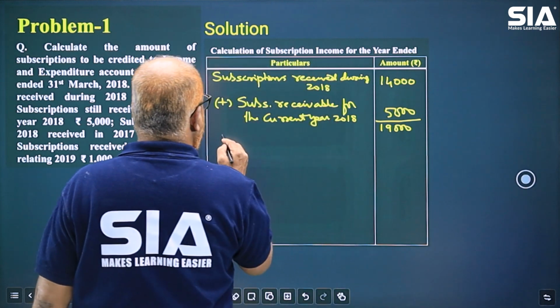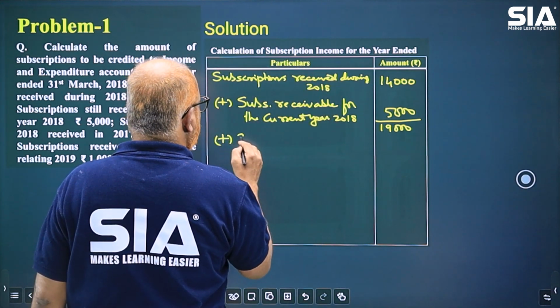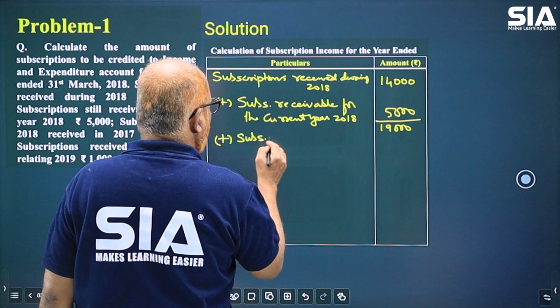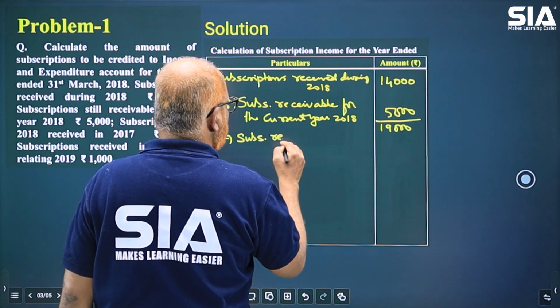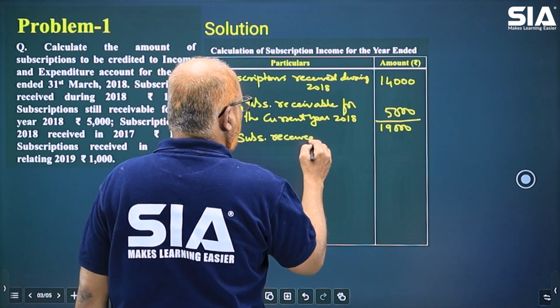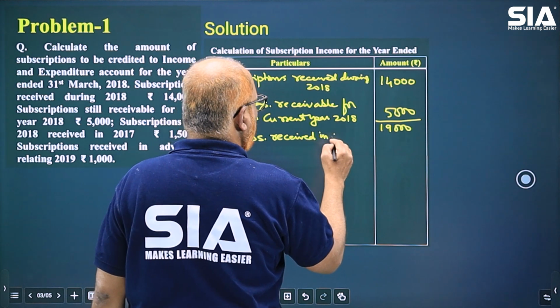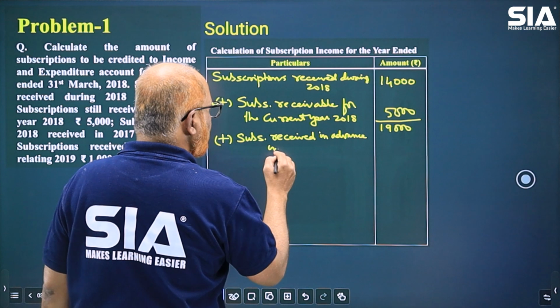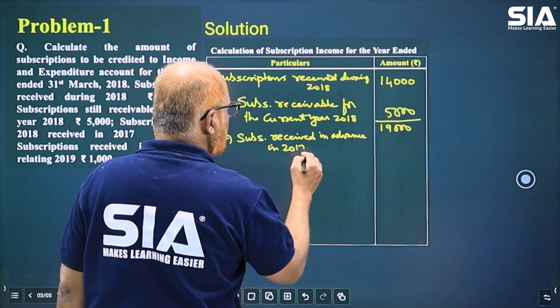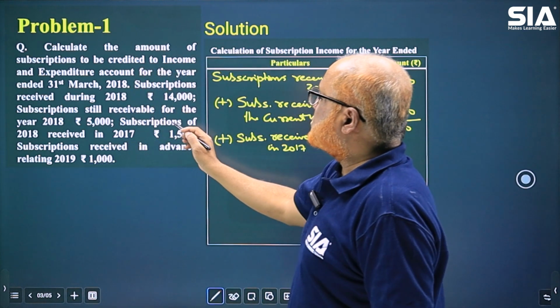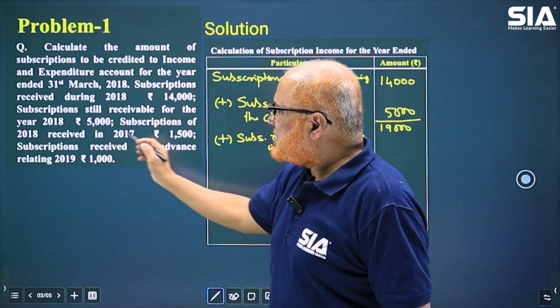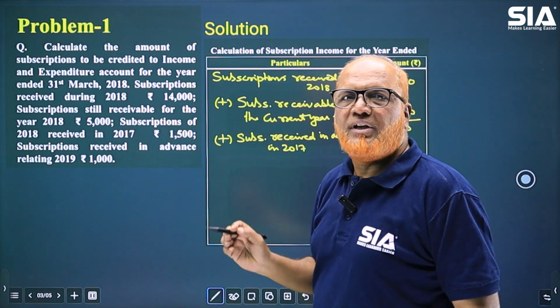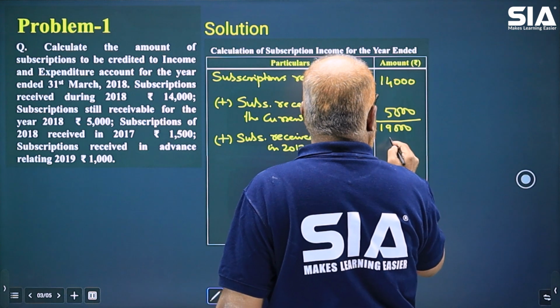So add subscription received in advance in 2017, last year. So subscription of 2018 received in 2017 is 1,500.